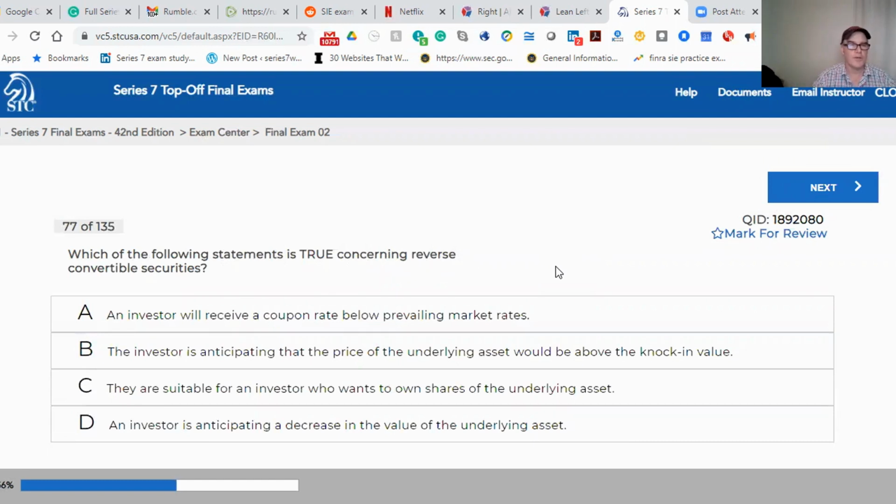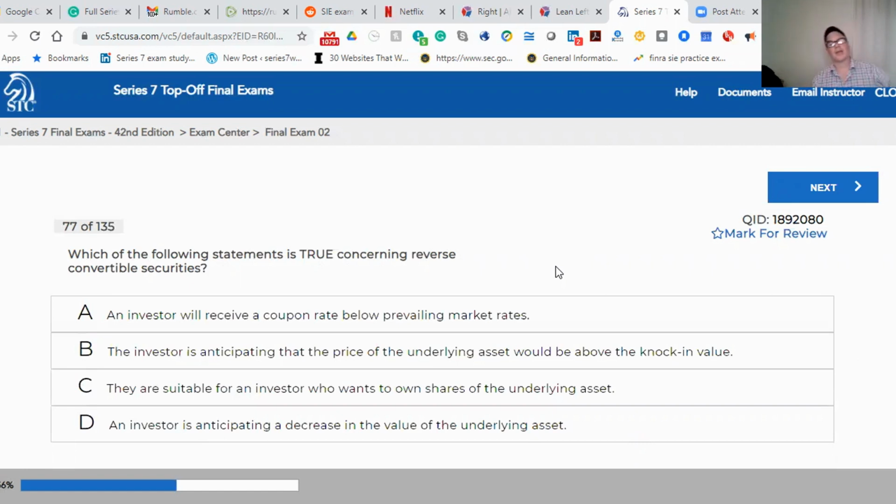Which of the following statements is true concerning reverse convertibles? Oh, I hate these. They're never on the exam. An investor will receive a coupon rate below... No, they get a higher rate because there's more risk. The investor is anticipating the price will be above... I'll give you that. Reverse convertible means that instead of you having the choice to convert, it's up to the issuer, and it's bad for you.